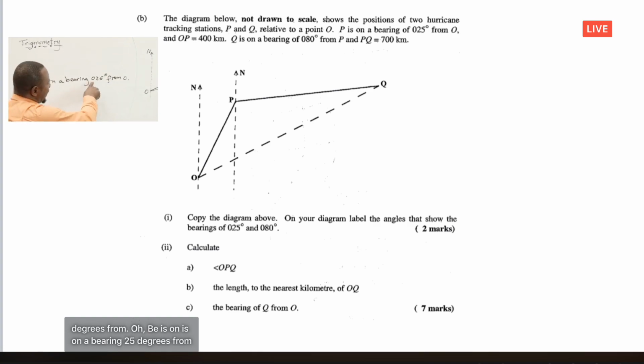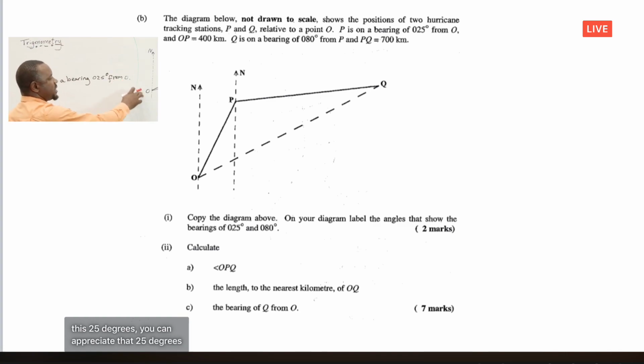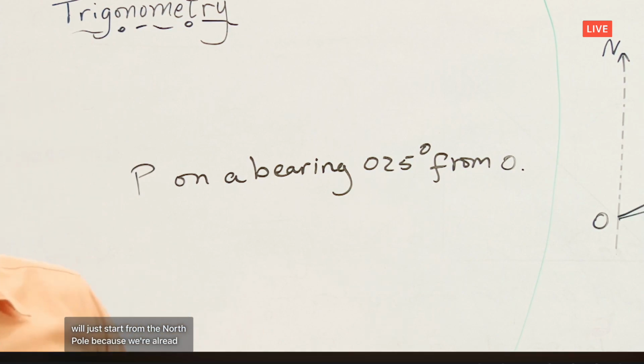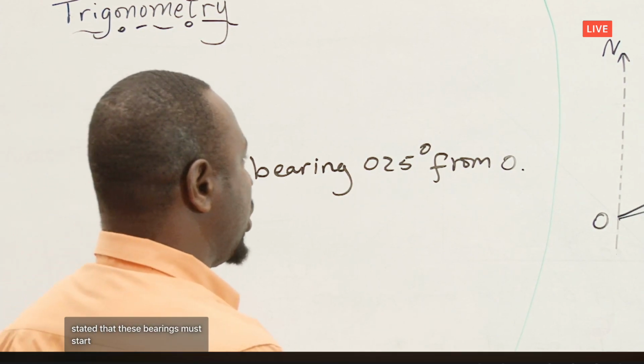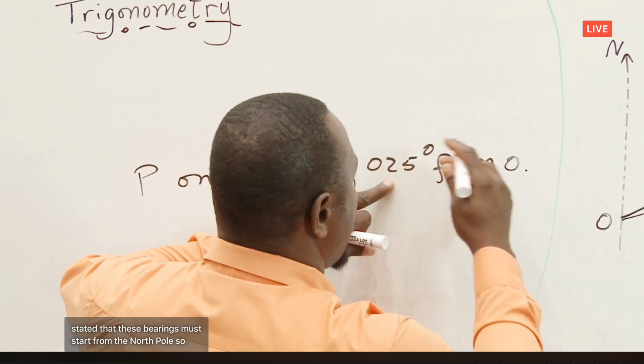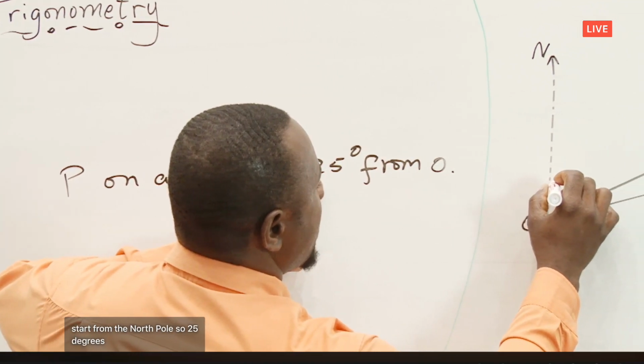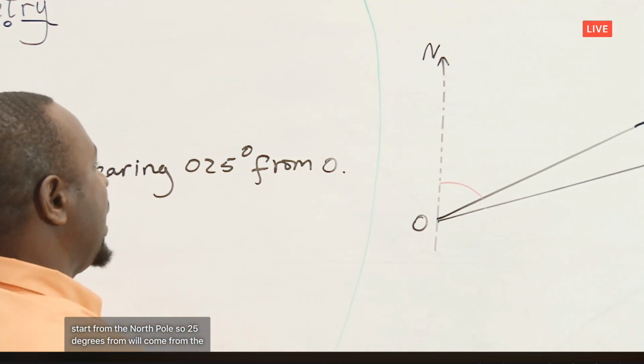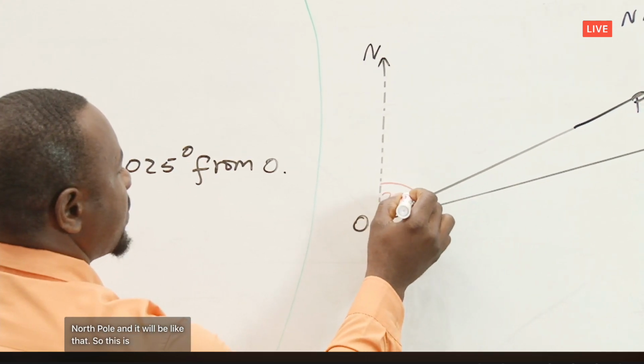So if you were to put in this 25 degrees, you can appreciate that 25 degrees from O will just start from the North Pole, because we already stated that these bearings must start from the North Pole. So 25 degrees from O will come from the North Pole, and it will be like that. So this is 25 degrees.